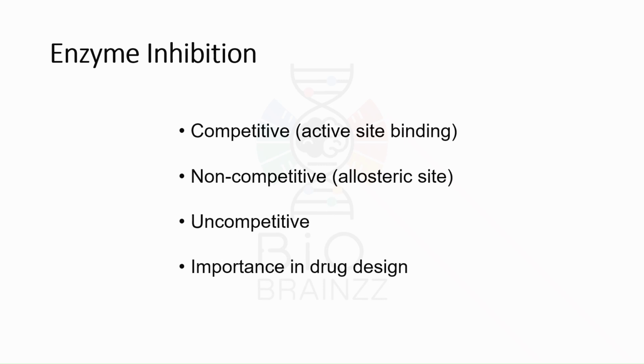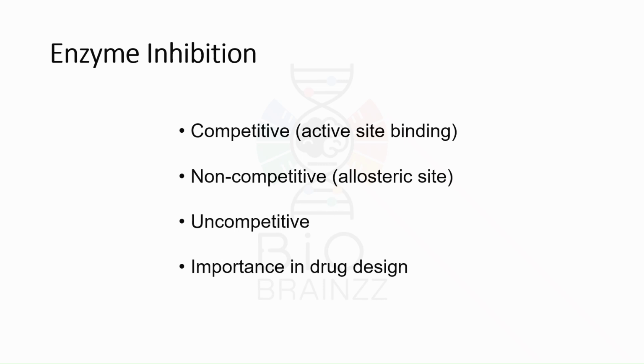Enzyme inhibition. In this slide, we are discussing enzyme inhibition, which is very important from an exam point of view. Enzyme inhibitors are molecules that reduce or stop enzyme activity. This concept is widely used in drug design and regulation of metabolic pathways. There are different types of inhibition.